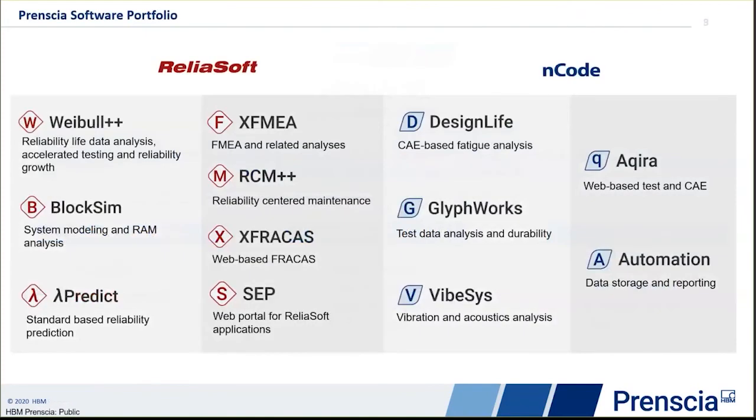So ReliaSoft's software covers reliability life testing, system modeling, and standard-based predictions. These kinds of tools are known as the quantitative approach, where we create the data by real testing and analyze the test data based on the mathematics behind it, like life testing and accelerated testing.